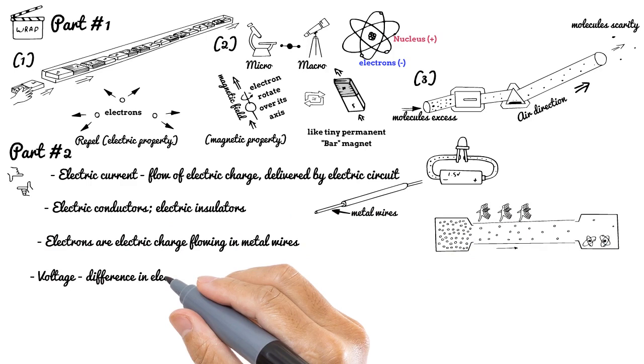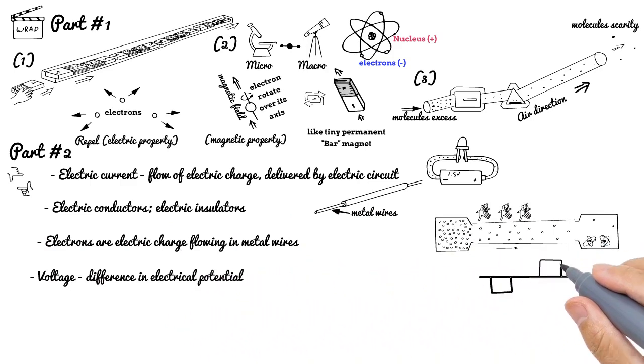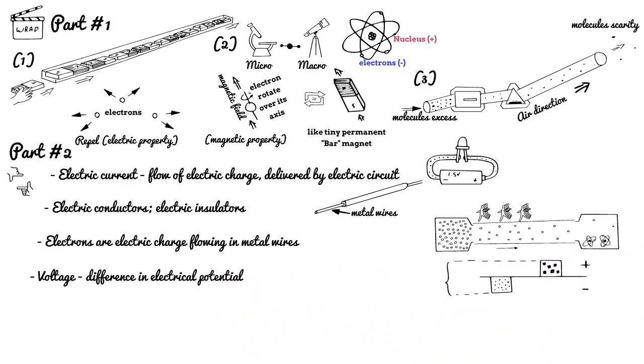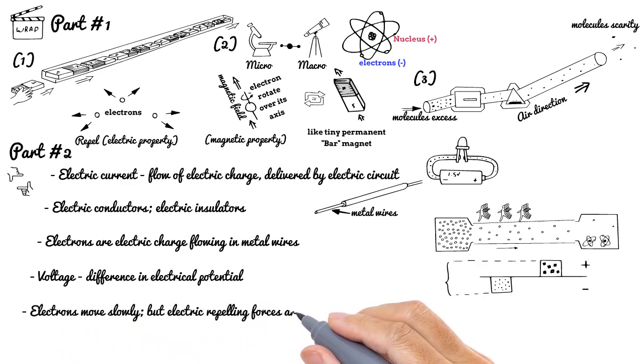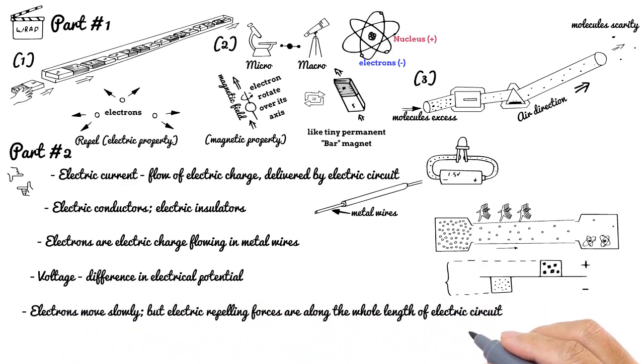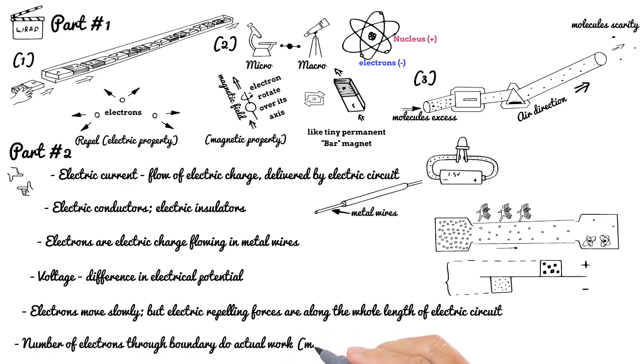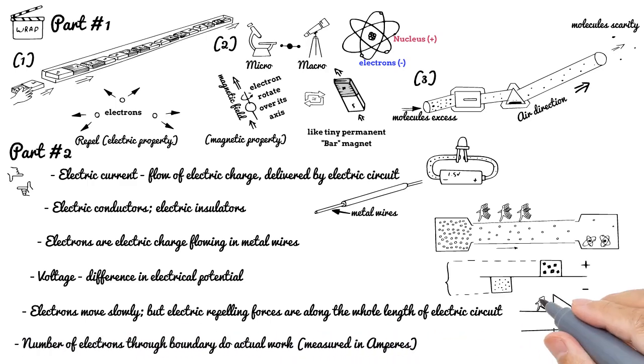Voltage was mentioned as the difference in electrical potential between two points. Regarding the speeds, electrons move slowly, less than a millimeter per second, but bring electric repelling forces along the whole length of the electrical circuit near instantaneously. The number of electrons traveling through the wire's boundary do the actual electricity work, and it's measured in units called amperes.